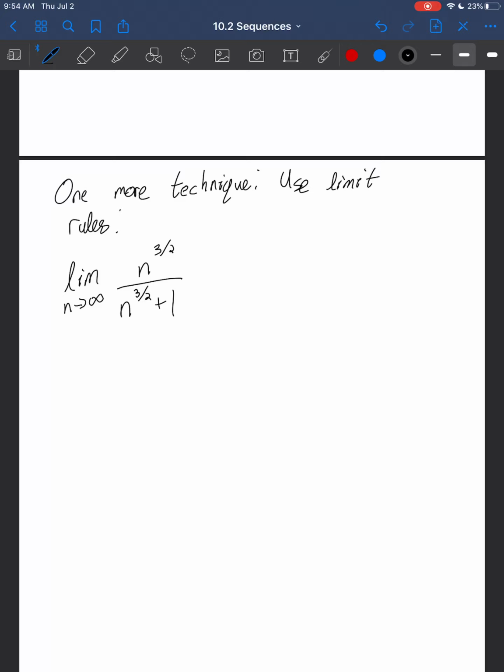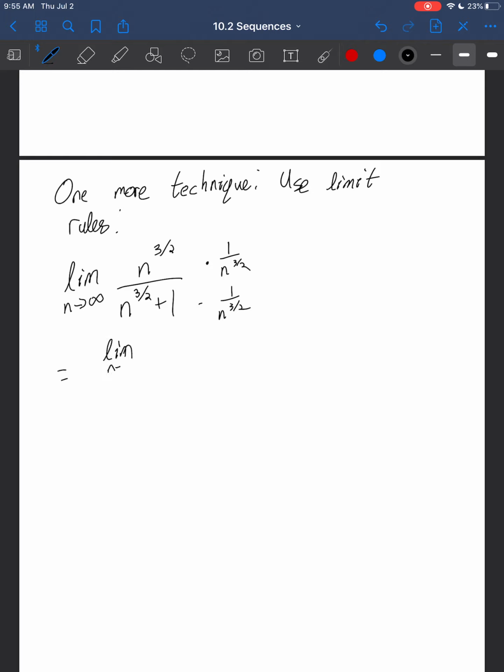But let's think about another way of solving this problem. So what I'm actually going to do is multiply the top and the bottom by 1 over n to the 3/2. So just do some algebra here. And the reason I want to do this is it's going to leave me with a 1 on the top here, and that will allow me to just deal with the bottom by our limit rules of division.